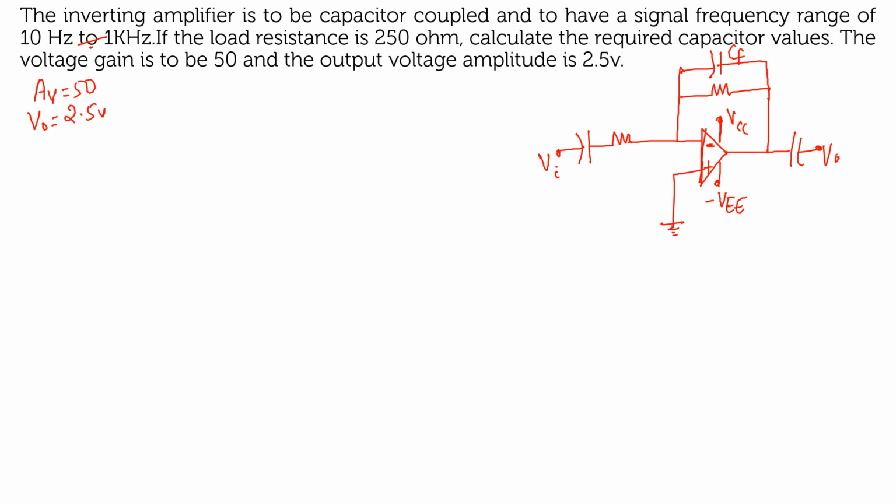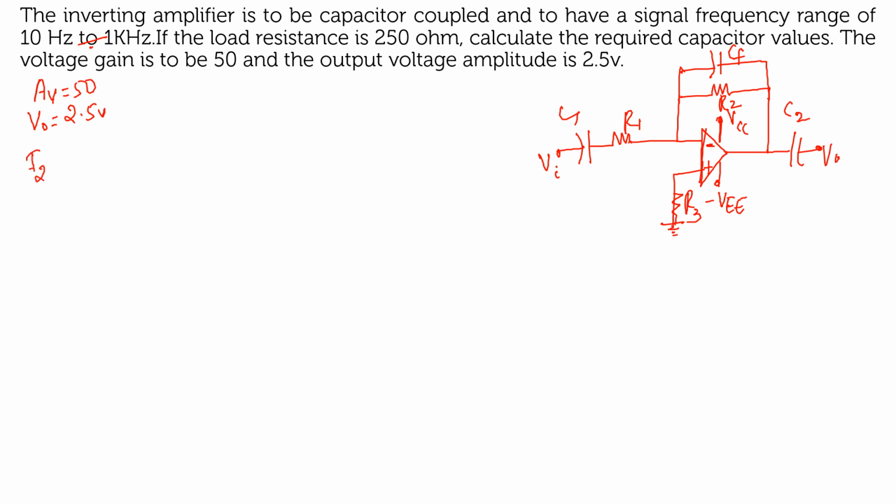So CF, let me take this as R1, R2, C1 and C2. Now for the design, if I give a resistor R3 here, R1, R2, R3 and CF, C1, C2 are the parameters which you have to find out. So first let me continue as per the previous problem.